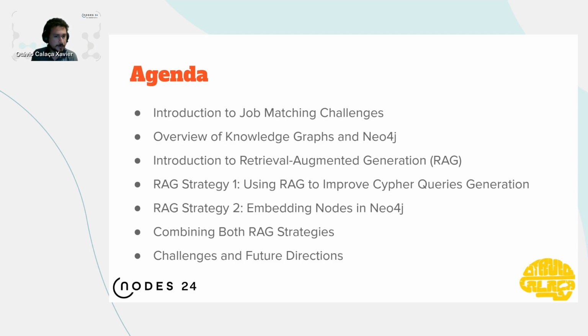And then I will show two RAG strategies. One is based on a vector database, ChromaDB, and the other one is a more, let's say, sophisticated one, which can have the embeddings directly in Neo4j. Then we will talk about combining the two strategies and about some challenges and future directions.